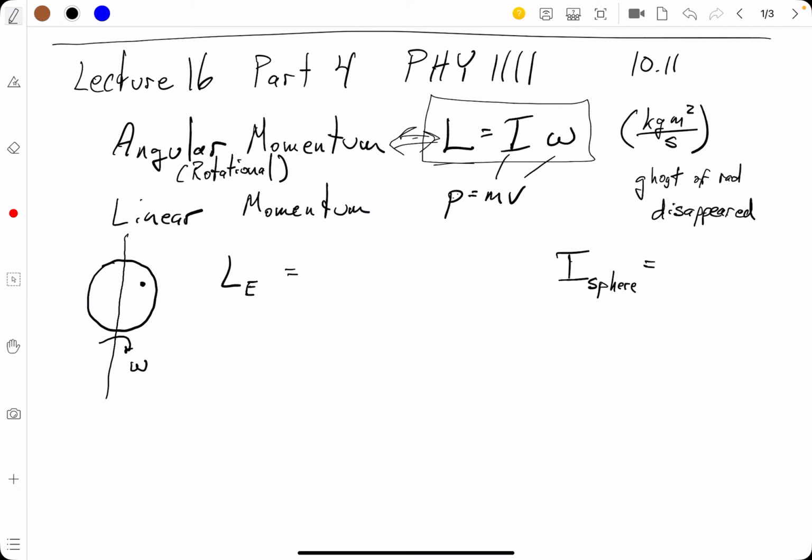Notice that for a sphere spinning on an axis right down the middle, it's 2/5 the mass of the object times its radius squared. So we're going to put in 2/5 the mass of the Earth, the radius of the Earth squared. And then we still have to figure out what omega for the Earth is.